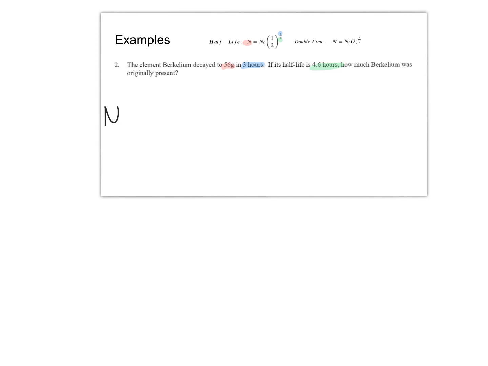So, N, N-O, T, H. There's 56 grams of the berkelium after a time frame of 3 hours. If the half-life is 4.6 hours, how much was originally there?